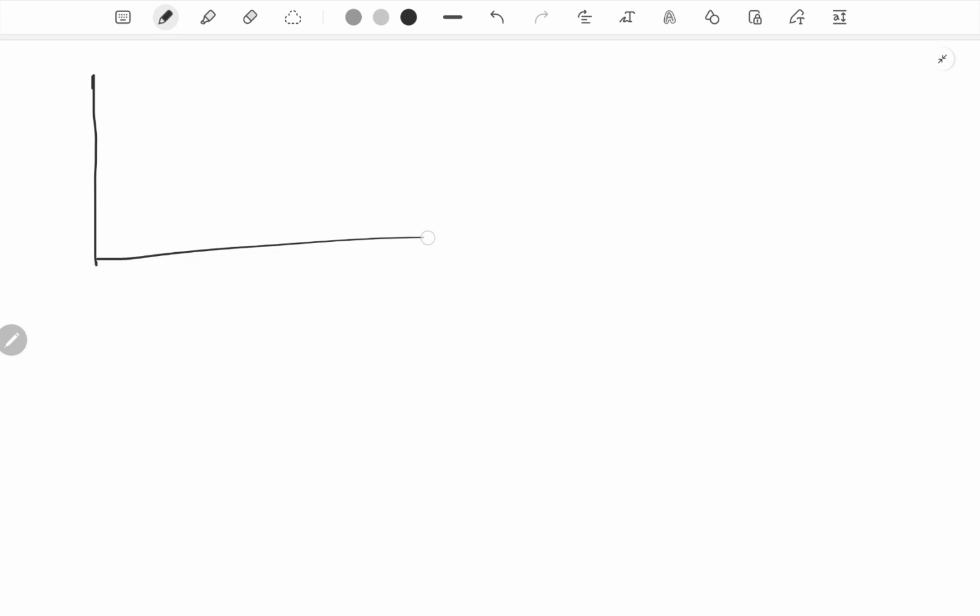Let's say we have a position time graph, something like this. Let us consider some points.